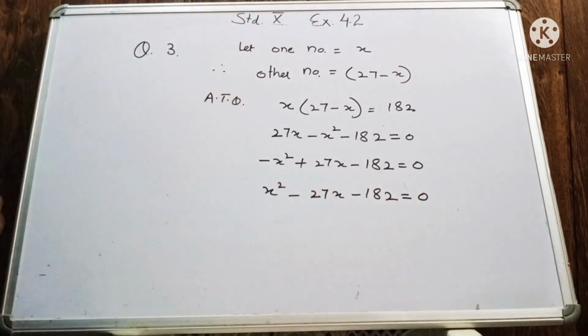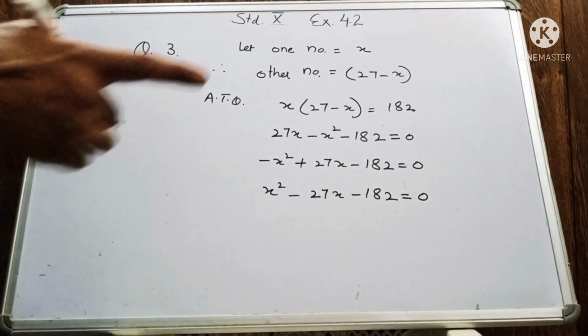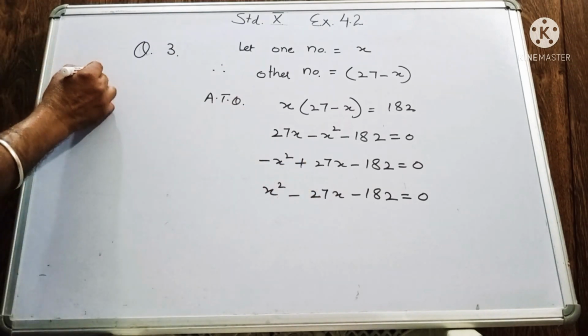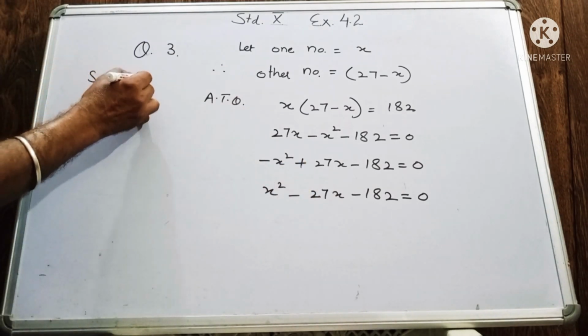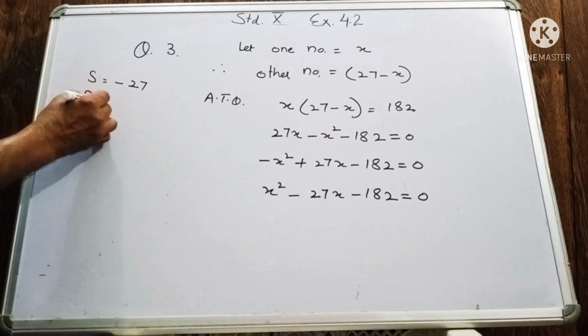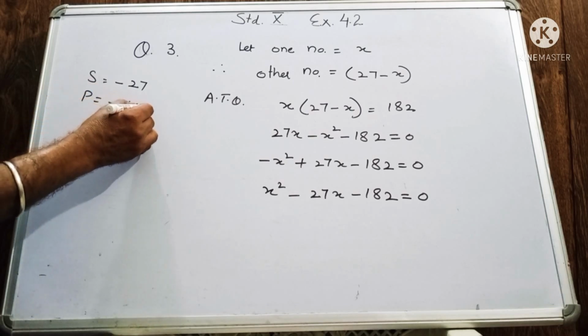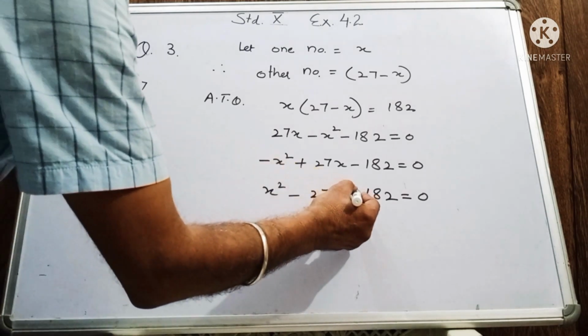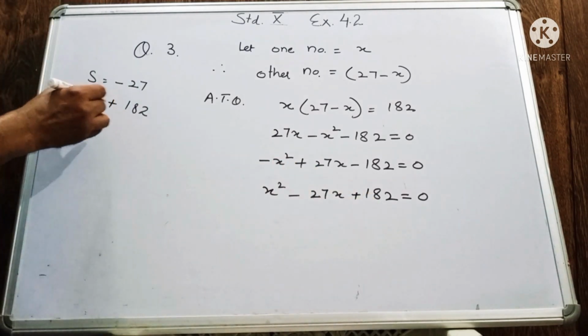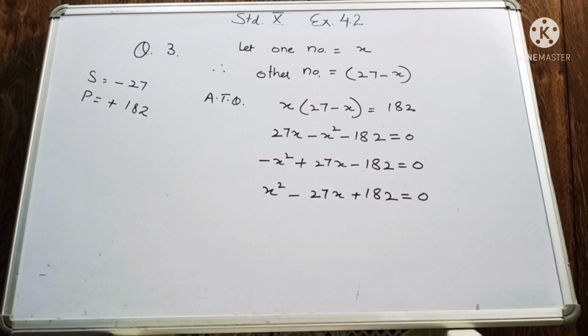Now we will solve it by the splitting the middle term method. Sum needed is minus 27. Product needed is plus 182.